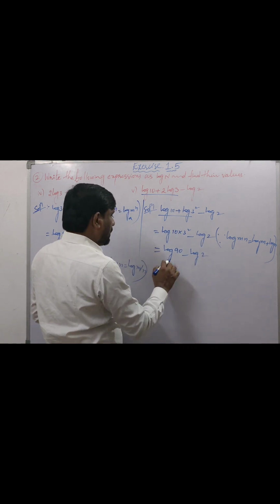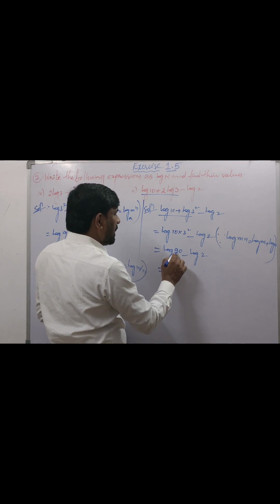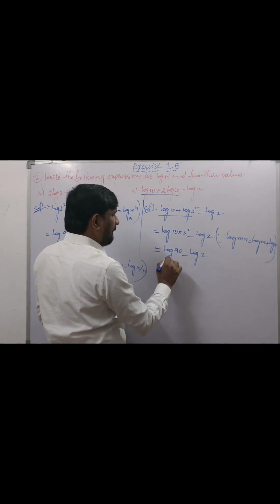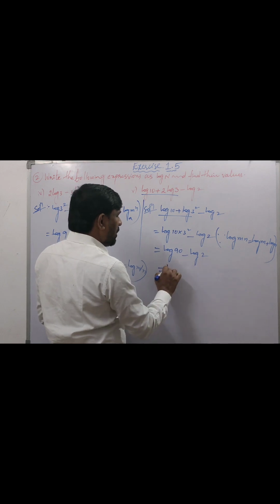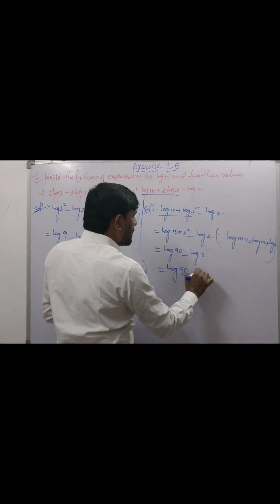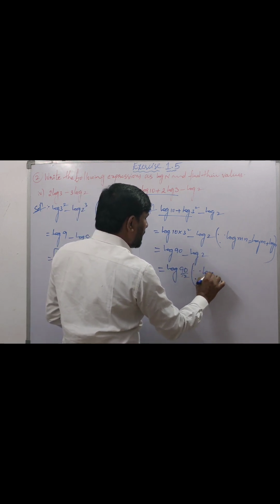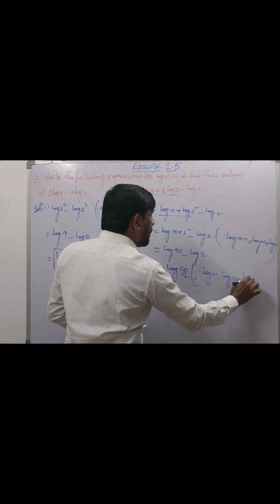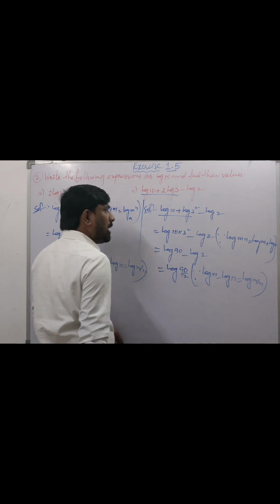Now logarithm of 90 value means log a minus log b, log a by b, no? Logarithm of 90 divided by 2, since log m minus log n is equal to logarithm of m by n. Clear?